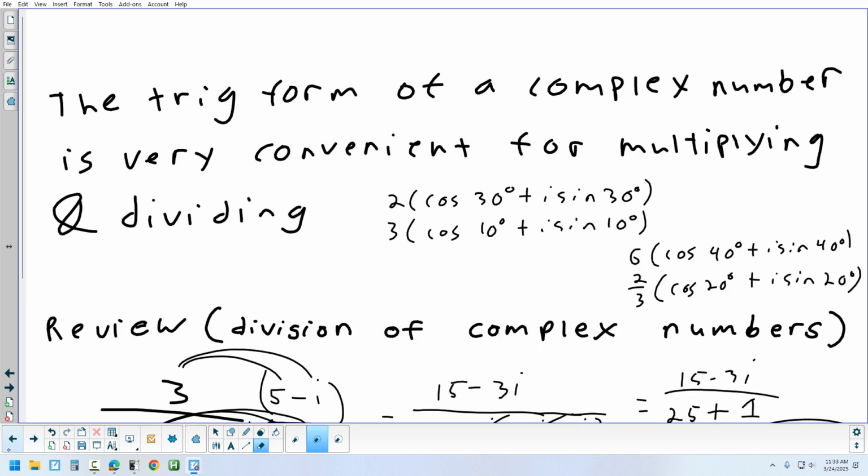All right, so kind of going back here, this was the multiplication. Does anybody see what I did to get that from that? You multiplied the 2 and the 3 and then added the cosines together and the sines together. Yeah, so I multiplied the two numbers in front, and then I added the two angles on the inside.